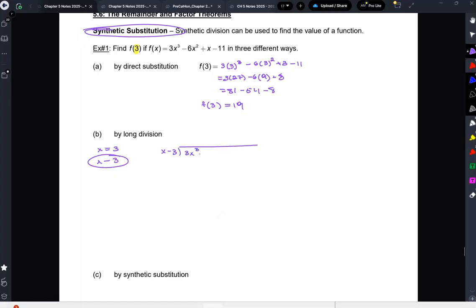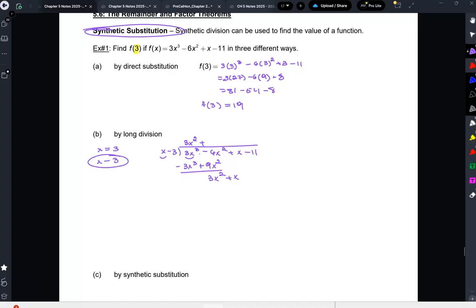3x cubed minus 6x squared plus x minus 11. So here, first term divided by the first term, 3x squared. So here I get 3x cubed minus 9x squared. Change the signs. 3x squared plus x.